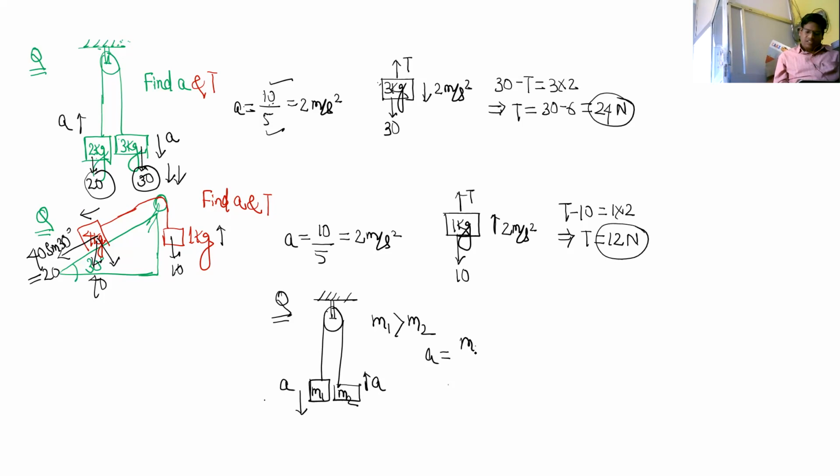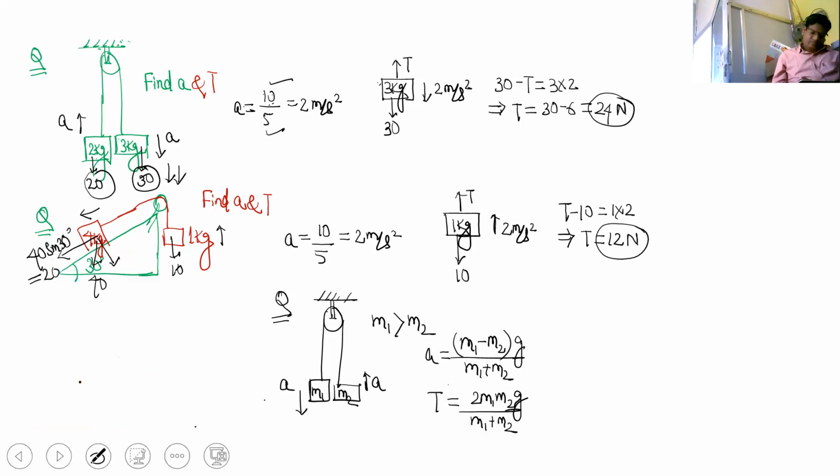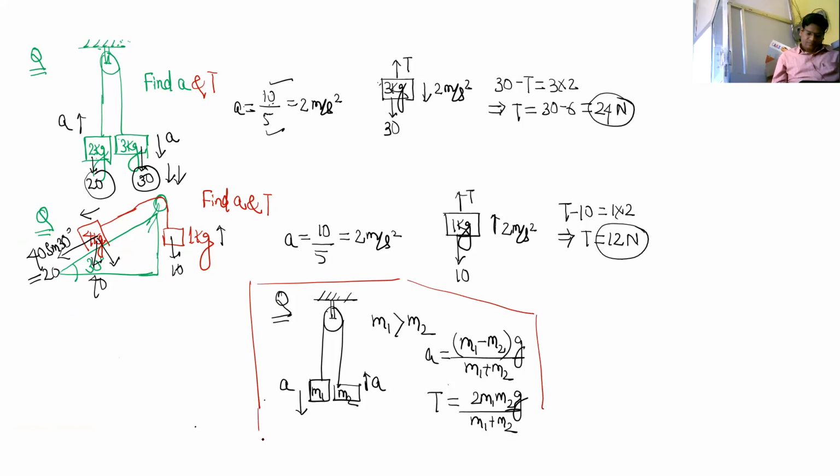It is net force, that is M1 minus M2 into G, by total mass, that is M1 plus M2. And how much will be the tension? It will be 2 into M1 M2 G divided by M1 plus M2. Now remember this, okay?